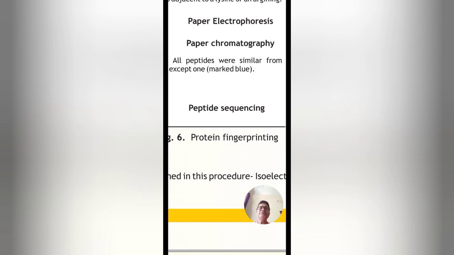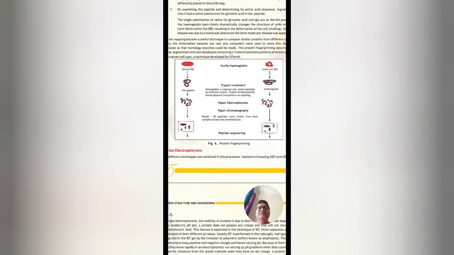Through peptide sequencing, he was able to know what change occurs in the beta chain of hemoglobin. In the beta chain of hemoglobin, at the 6th position from the amino terminal, there was a point mutation. In this point mutation, glutamic acid was replaced by valine.